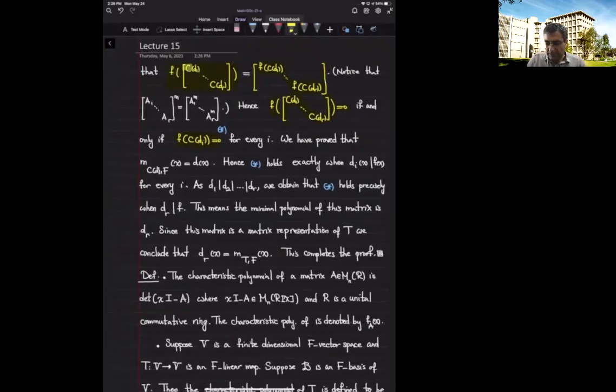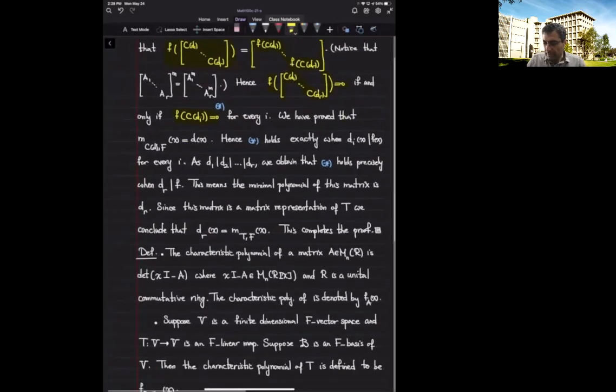So altogether we get that f evaluated at this matrix is 0 precisely when d sub i divides the polynomial for every i. But because d sub 1 divides d sub 2, d sub 2 divides d sub 3, and so on, this holds precisely when d sub r divides f.